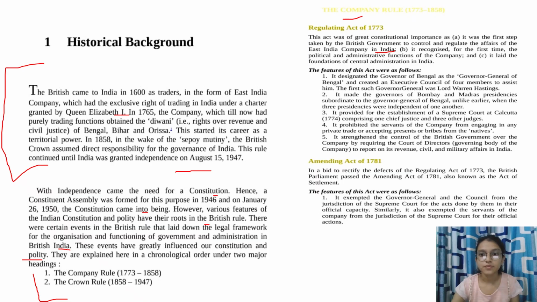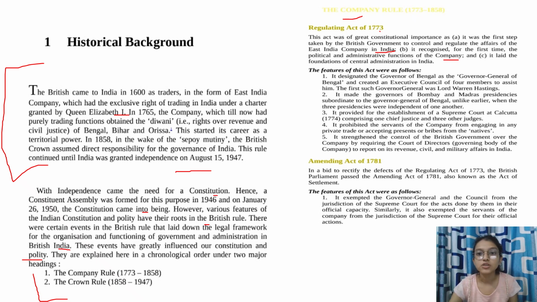It recognized for the first time the political and administrative functions of the company. In order to regulate that company, this act came into existence so that the company could stay within a particular limit and not abuse the power granted by the queen.